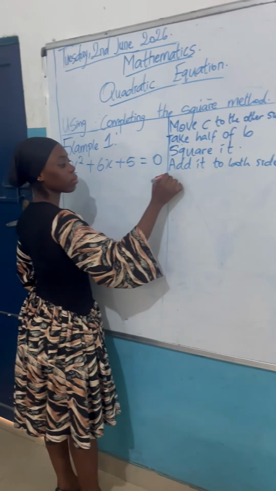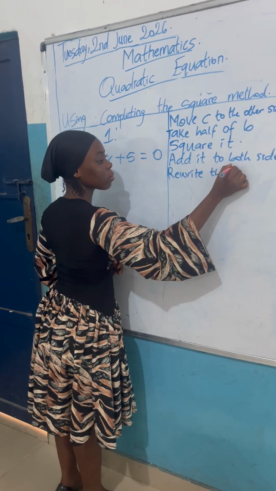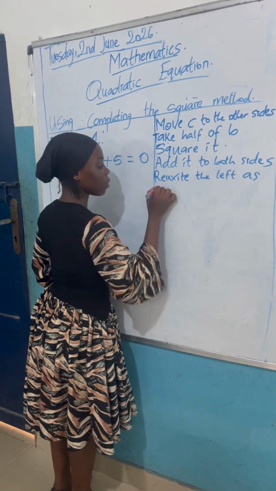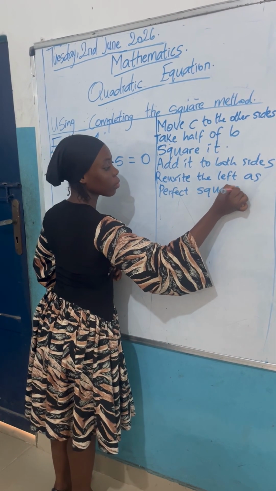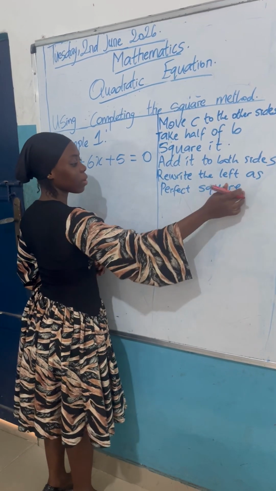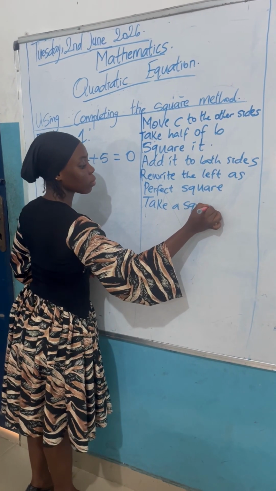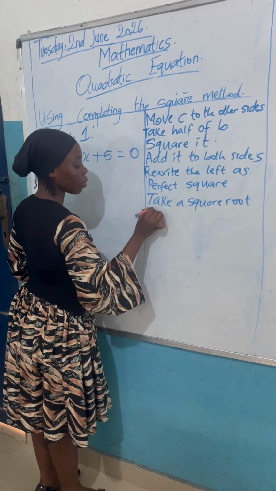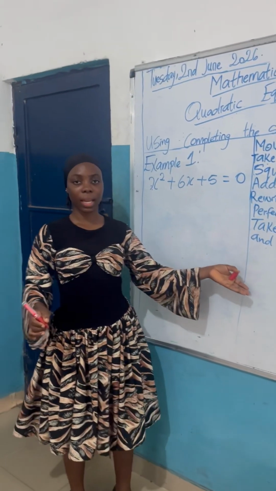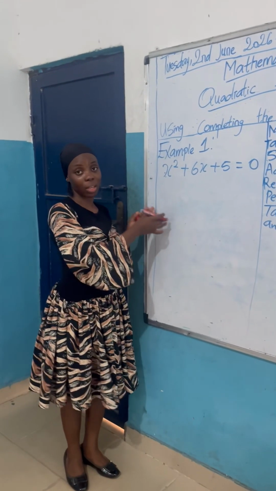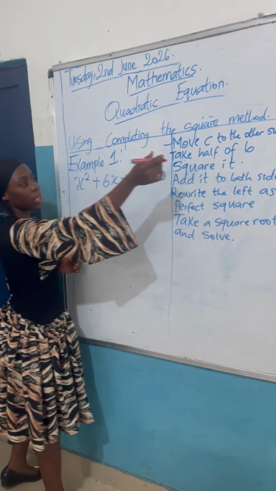Add it to both sides. Now these are the steps we are going to use in the completing the square method. And I said the first step there is what? Move c to the other side.